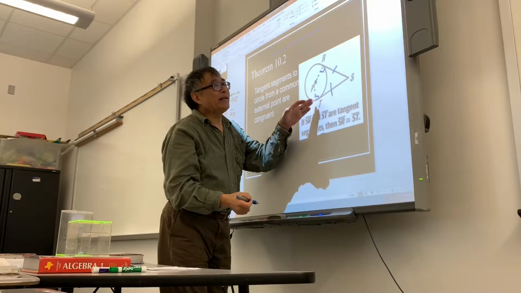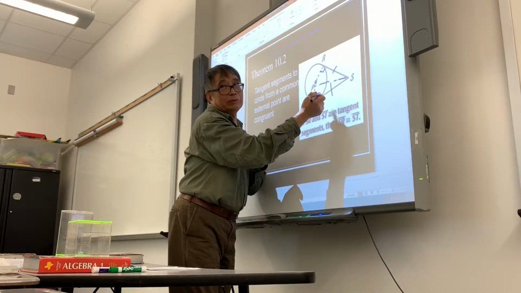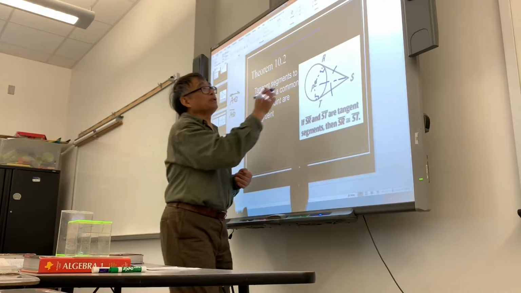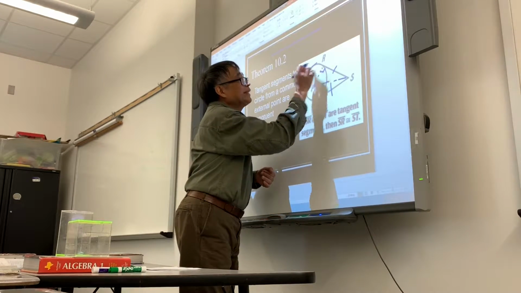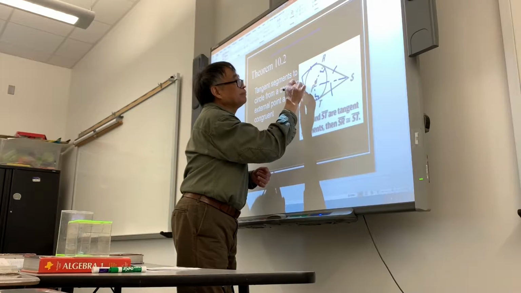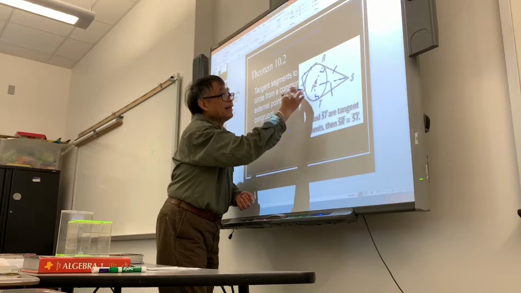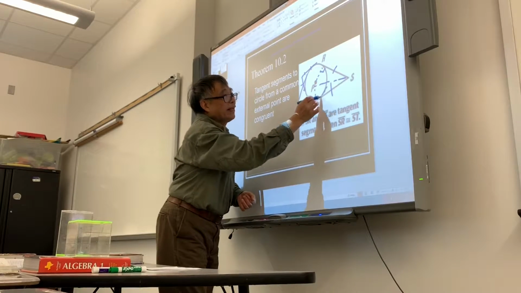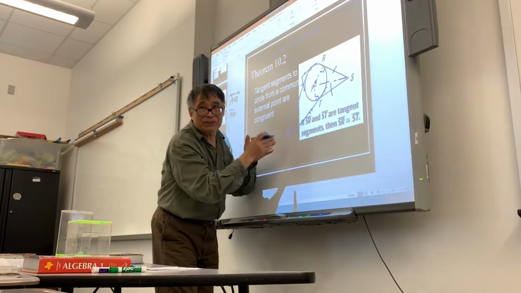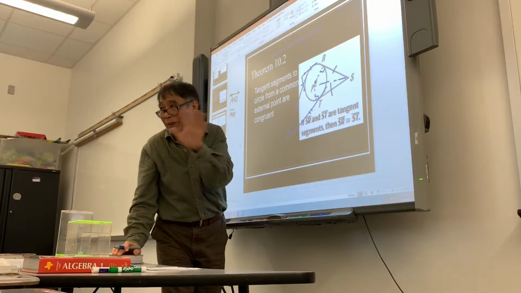This side is congruent to this side. Now, any point, for instance this point, tangent to the circle, those two sides are congruent. Any point outside the circle, tangent to the circle, two segments congruent.